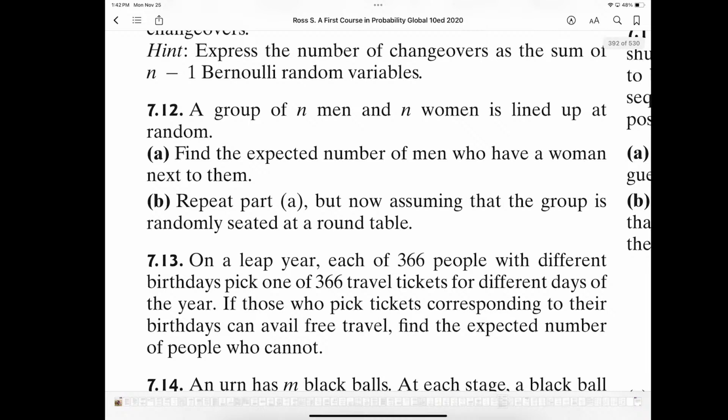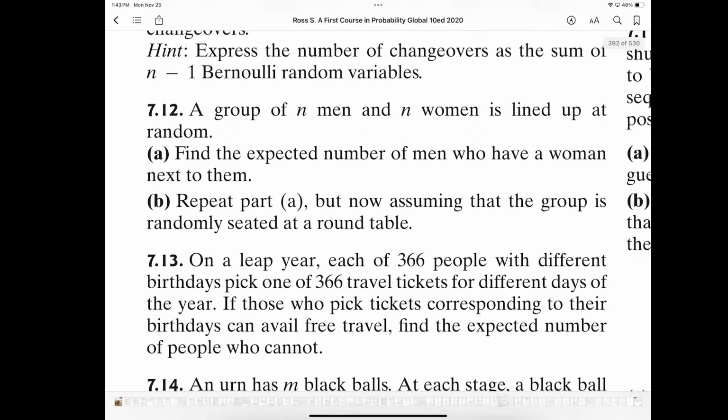So let's just imagine 13 and 13. That would mean that there are 26 people standing at the front of the room with men and women mixed up. And there might be a man here with a man on either side. That person would get a 0 in my book because he doesn't have a woman next to him.